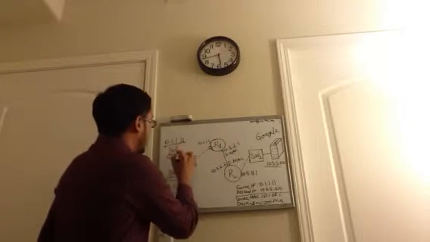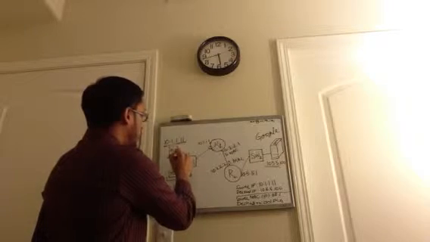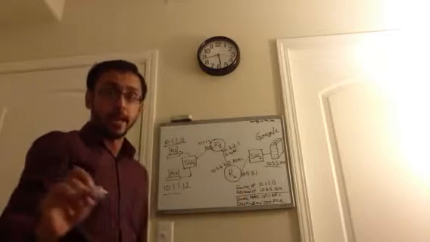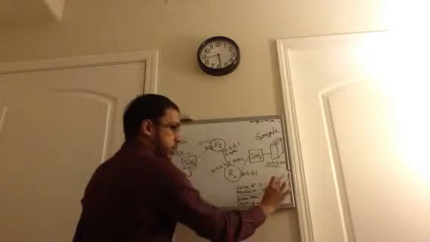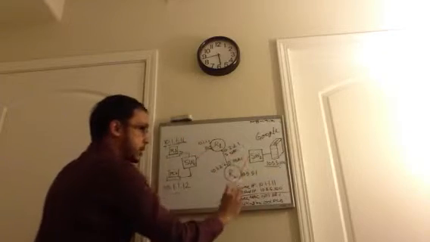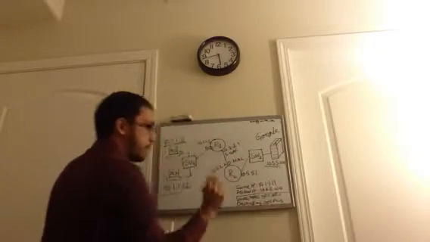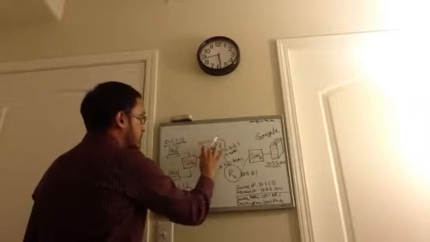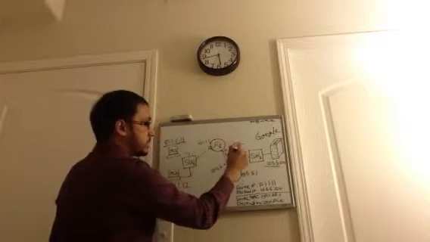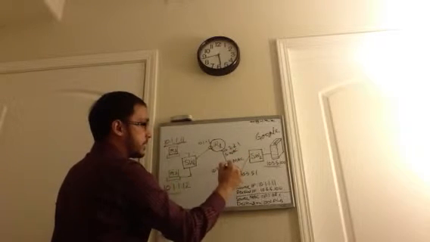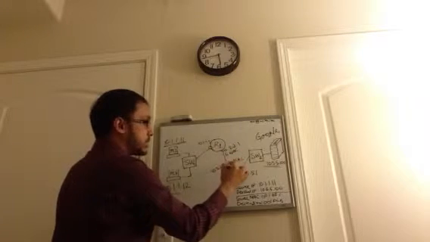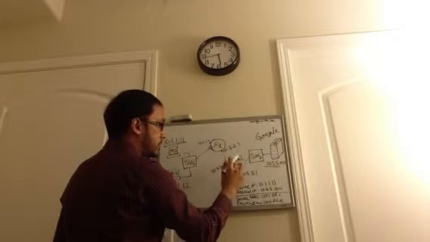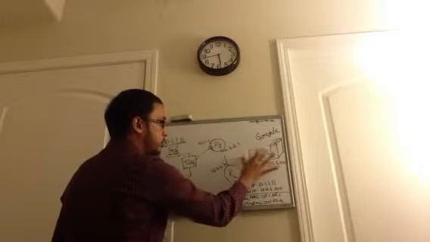Initially, when the packet was here, the source was this, the destination was this. The IP addresses never changed throughout the process, only the source MAC address and the destination MAC address change. So first this was the source, then this was the destination, then this became the source, this interface and that interface are communicating. Then when the packet gets here, this information gets removed.